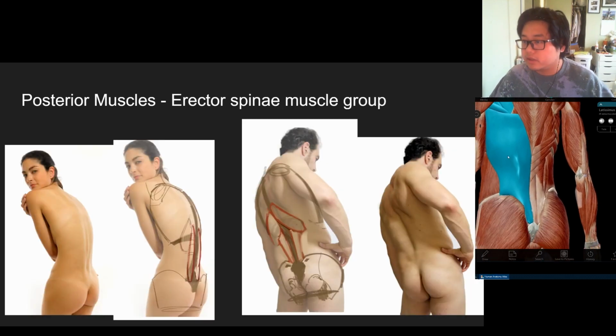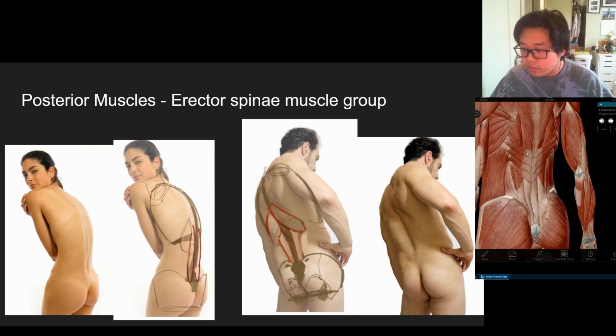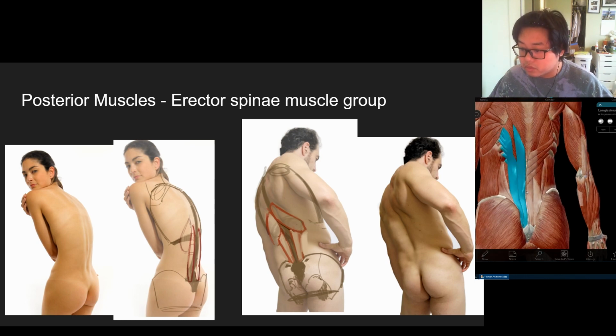So the erector spinae muscle group, if I turn off this latissimus dorsi, and we turn off these serratus posterior muscles, right? We're looking at the serratus anterior, but these are the serratus posterior. So we turn these off, we're going to be able to see these groups of muscles. Together, these muscles are going to be called the erector spinae group.